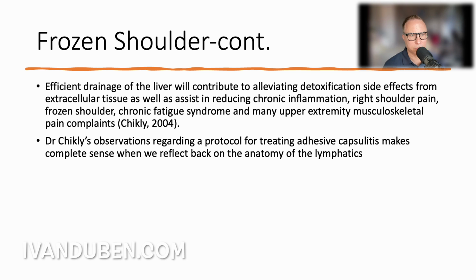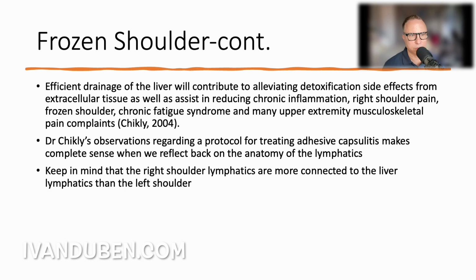Dr. Schickli's observations regarding a protocol for treating adhesive capsulitis make complete sense when we reflect back on the anatomy of the lymphatics. Keep in mind that the right shoulder lymphatics are more connected to the liver lymphatics than the left shoulder, in particular the convex surface of the liver, posterior aspects of the liver.